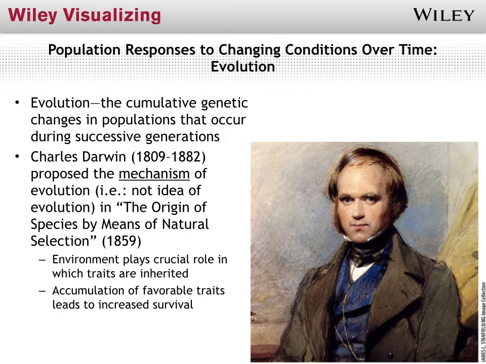So given lots of time and a lot of generations of plants or animals, genetic changes that are beneficial to those living things tend to be transferred to future generations, because if it helps them survive, the offspring that have that genetic difference should in general be more likely to survive, and if they're more likely to survive, then those genes are going to be passed on to the next generation and the next generation and so forth.